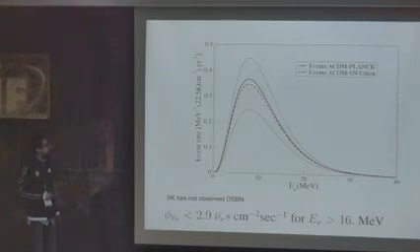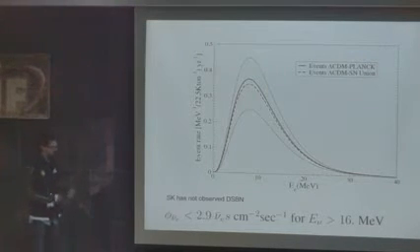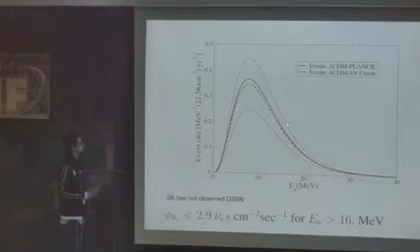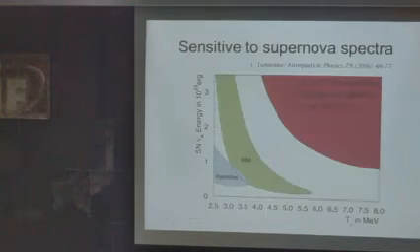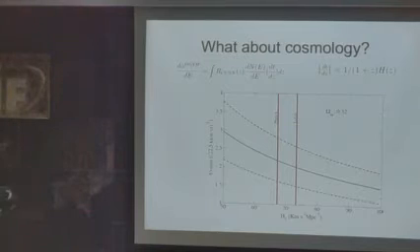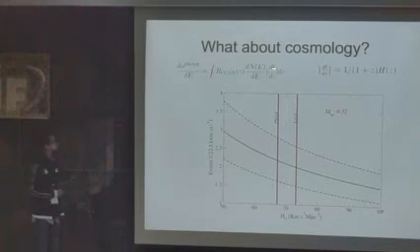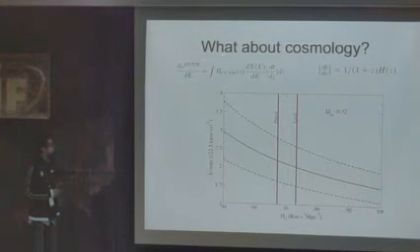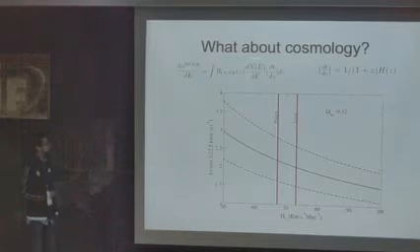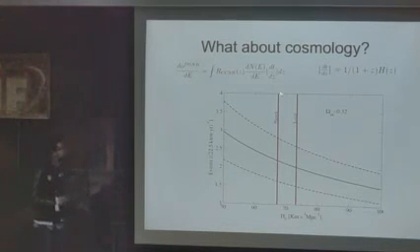But what you realize is that most of the contribution to the integral comes from low redshift. So the diffuse supernova neutrino background is sensitive to low redshifts. If it is going to tell you something about the expansion history of the universe, it's going to tell you something about the local expansion of the universe.